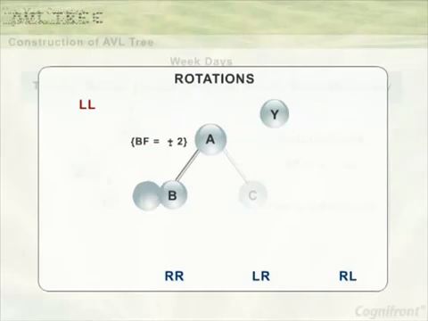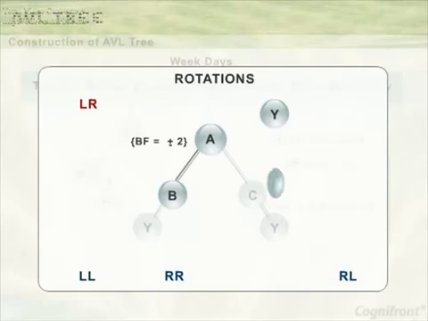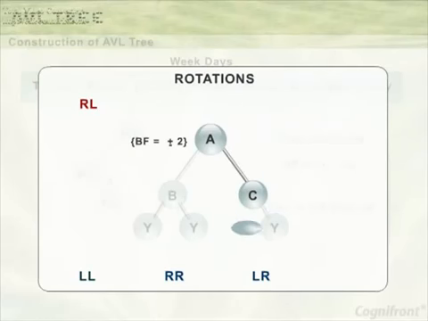This rotation is performed when a new node is inserted at the left side of the left subtree of A. Second is RR, in which new node Y is inserted in the right side of the right subtree of A. Next is LR, in which Y is inserted in the right side of the left subtree of A. Last is RL. This rotation is performed when Y is inserted in the left side of the right subtree of A.